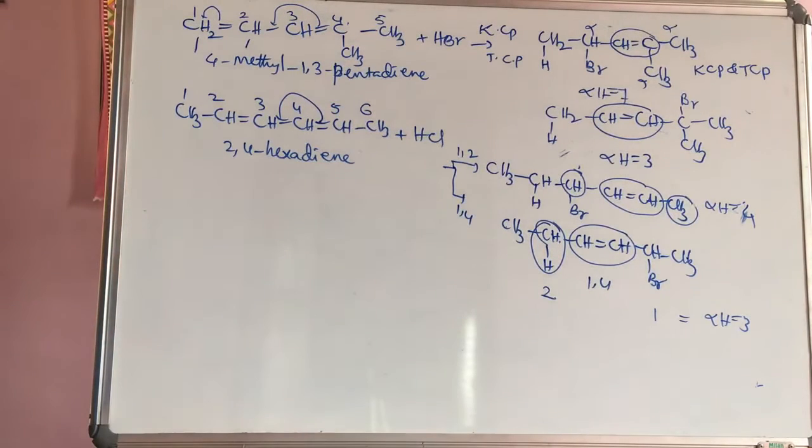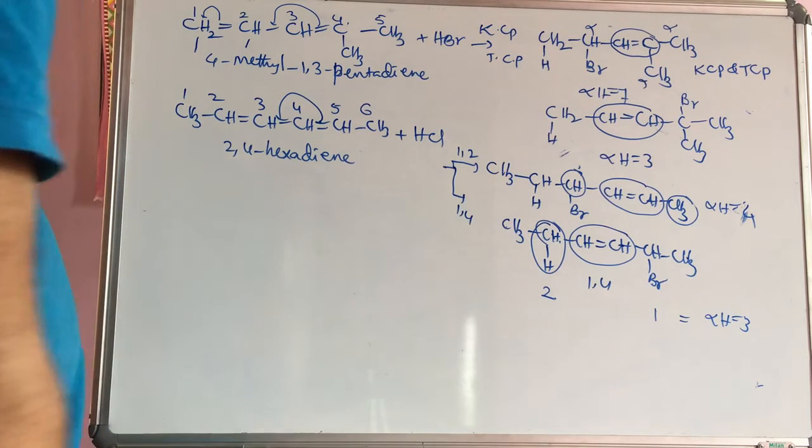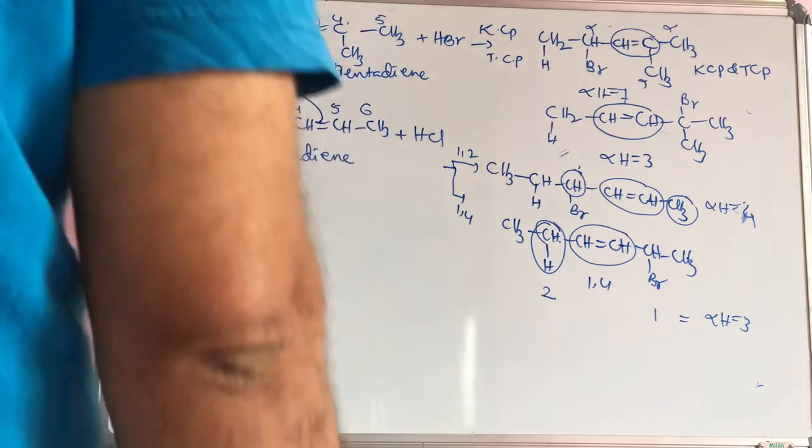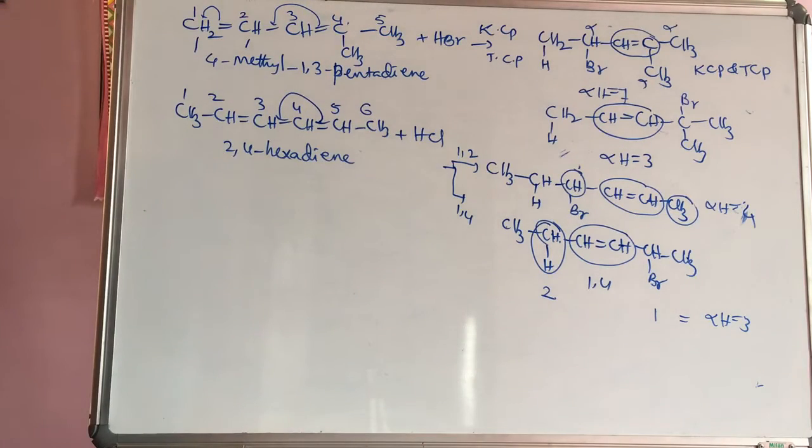In this case, which will be the major product? I think both should get the same number of alpha hydrogens. Here 3, here 1, that is 4, and here 1 and 2.